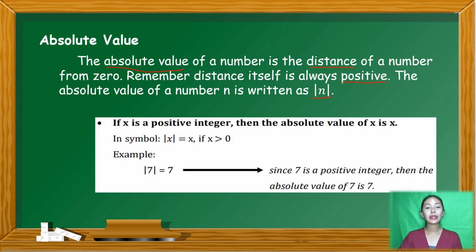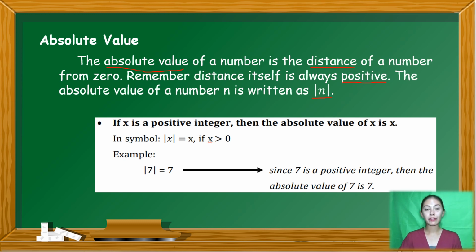If x is a positive integer, then the absolute value of x is x. In symbol, the absolute value of x equals x if x is greater than 0.